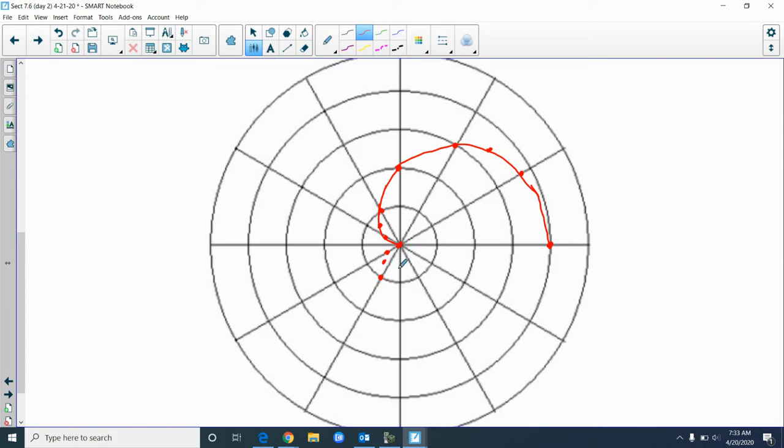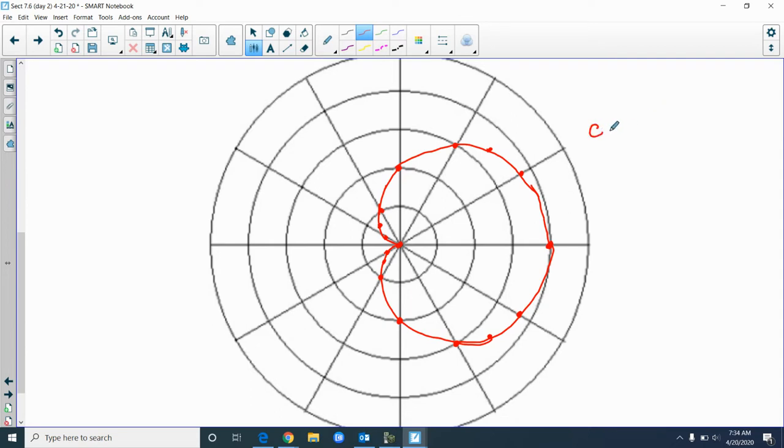Then 270 is 2. 300 is 3. 315 is 3.4. 330 is 3.7. And then 360 or 0 is 4. So it goes in and back out. All right, that shape right there, these polar graphs, the shapes have some special names.